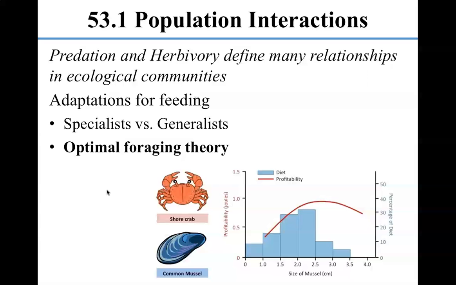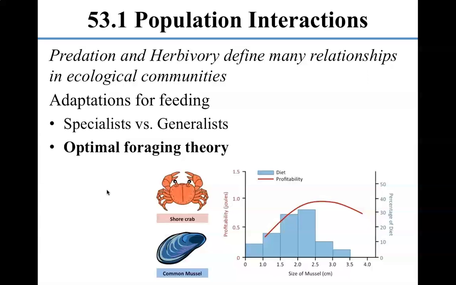So the bigger the mussel, then the more time it takes the crab and the more energy they have to put into opening the shell. And the smaller the mussel, then the less energy they get out of eating each one. So it turns out that the mussels that are the highest profitability are the medium-sized ones. They're big enough that they can get a good number of calories, but they're not so big that they're difficult to open.